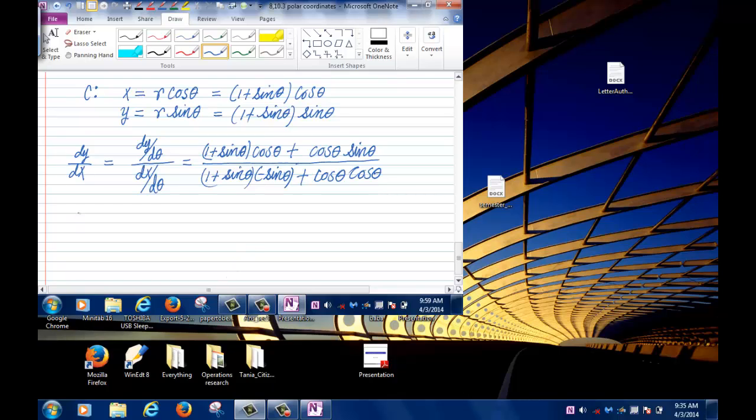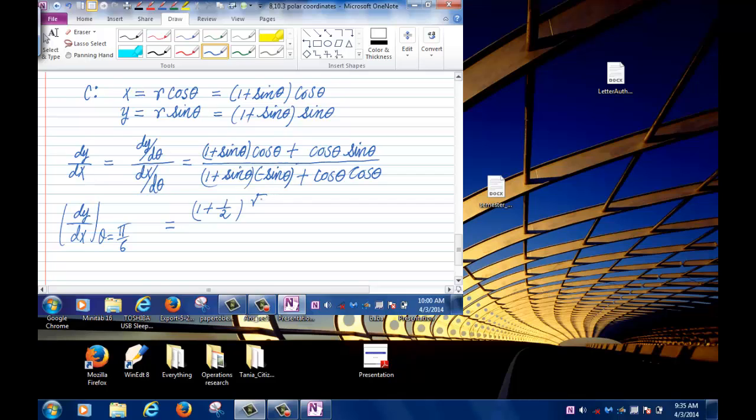Alright, so now we need to know the value of dy/dx when theta is what? Pi over 6, right? So what's happening? I plug in pi over 6. So what do I get? 1 plus sine pi over 6 is what? 1 plus a half.